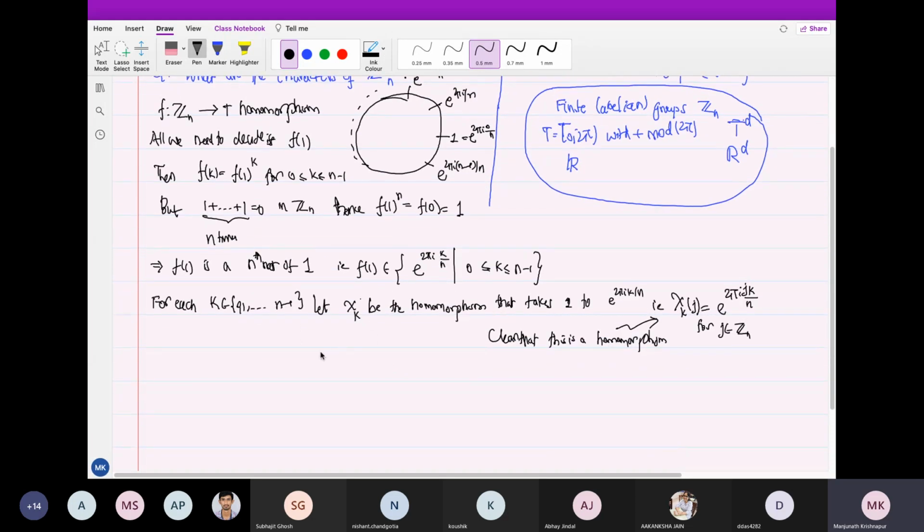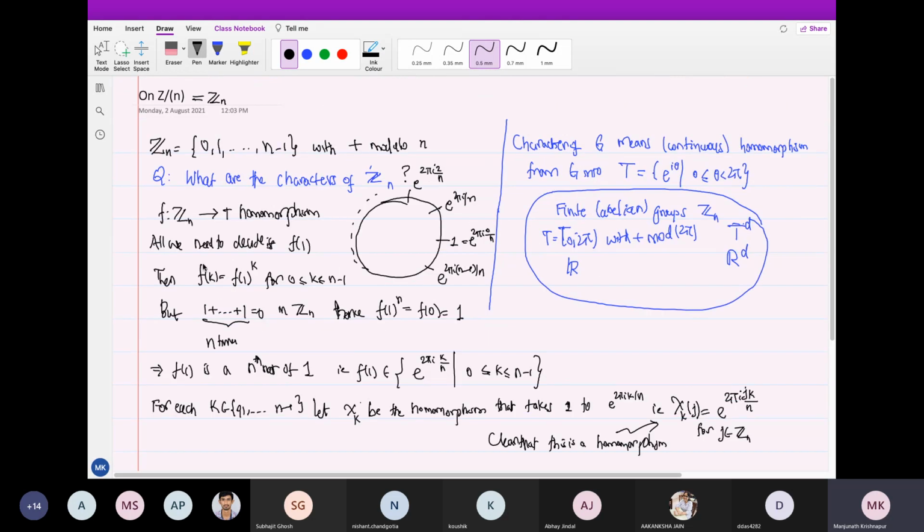So this gives you all the homomorphisms of Zn, because we argued that any homomorphism F of 1 must map to some root of unity. And for each root of unity, there is a unique homomorphism, namely I denoted it chi k. Actually, the extra notation was not necessary. I could have called this e 2 pi k by n of j.